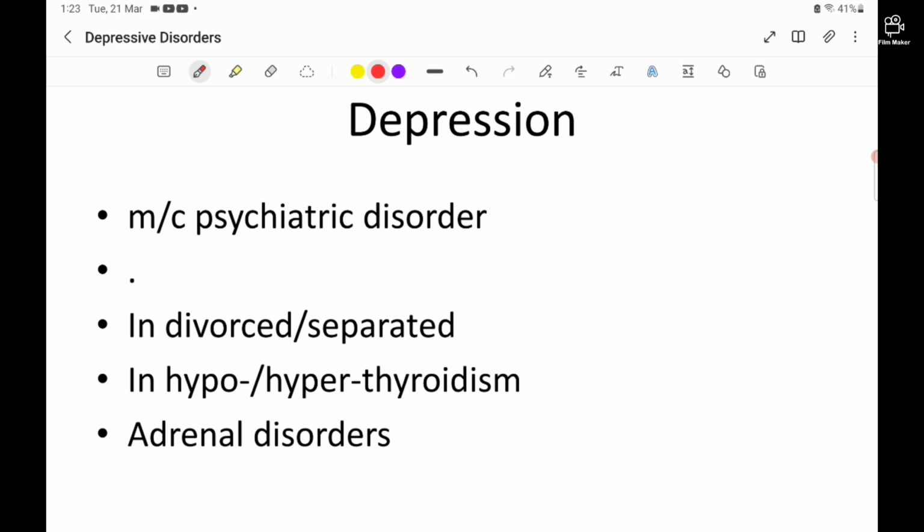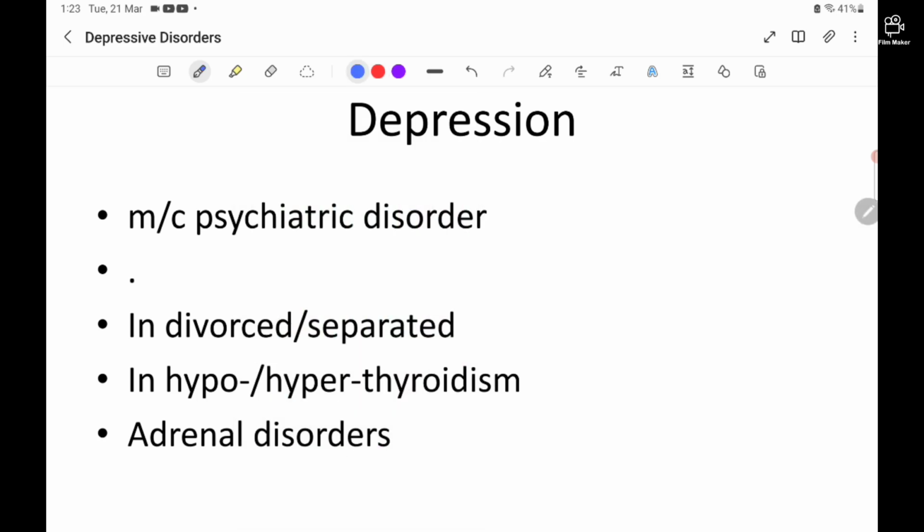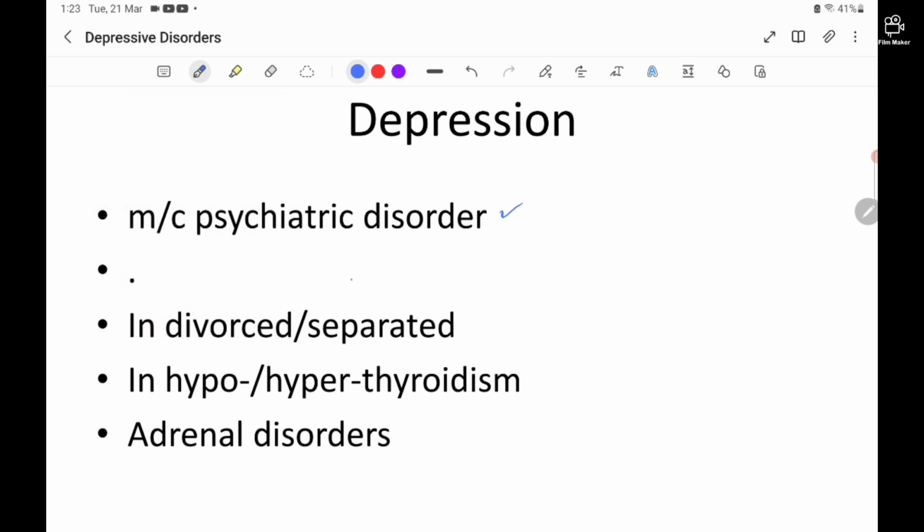So let us check out the symptoms. The first point to remember is that this is the most common psychiatric disorder. It is much more common in females than in males.